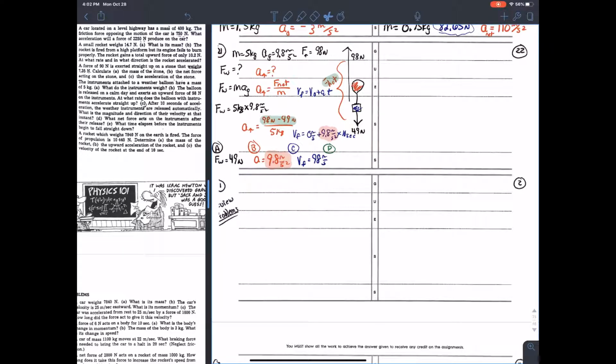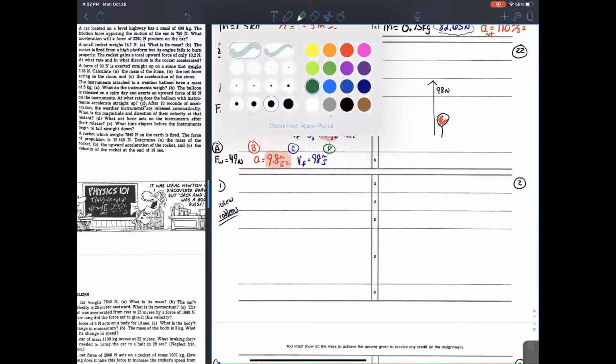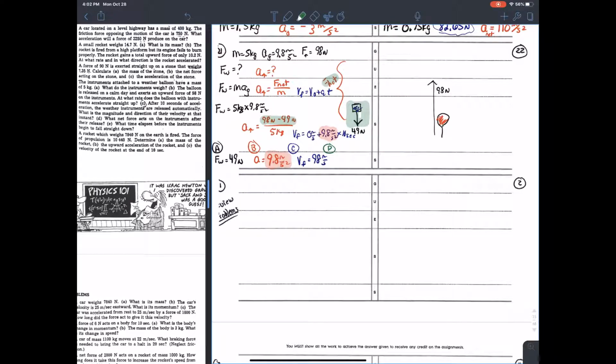You have a net force acting upwards of 49. If we cut the string now, that's no longer there. What's the force that's acting now on the weather instrument package right here?